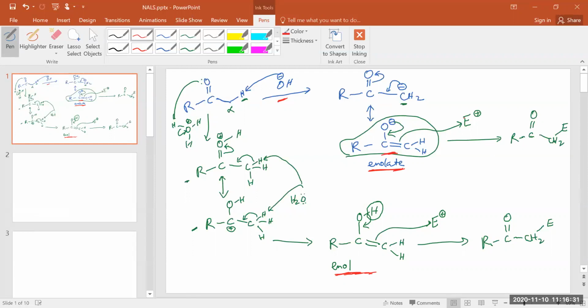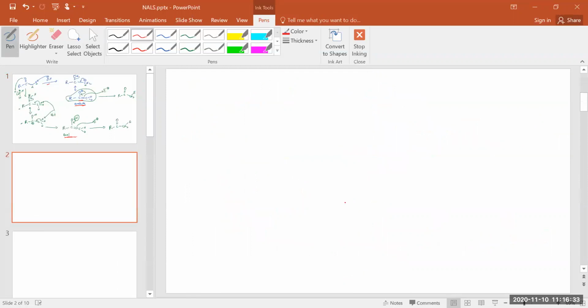So I will give you an example by changing different electrophiles. Let's say here you have this molecule with CH3, and you take a base, NaOH. That will make the enolate, and you take an electrophile X. Here what is X? Chlorine, bromine, and iodine, the halogens.